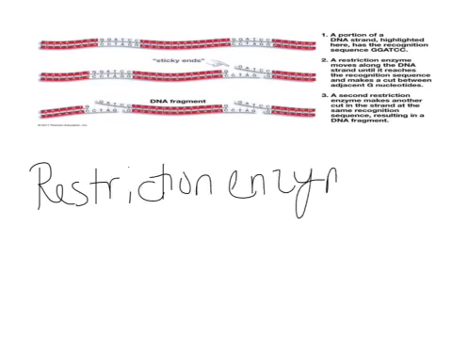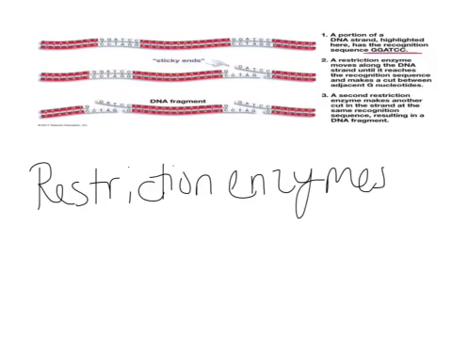Restriction enzymes look for particular sequences of DNA called recognition sequences, and when they find one, they cut the DNA in that spot. In the picture, the recognition sequence for this particular restriction enzyme is GGATCC. Every time it sees that sequence, it cuts the DNA there.